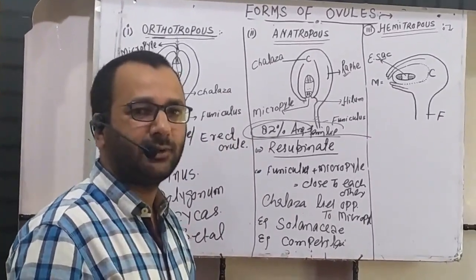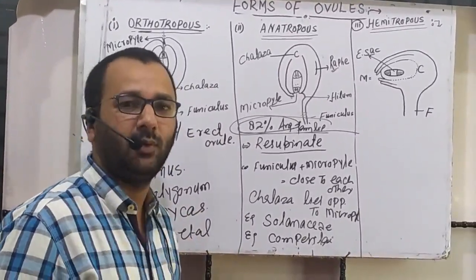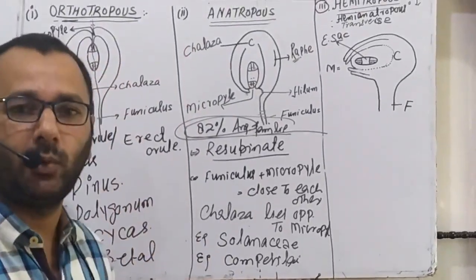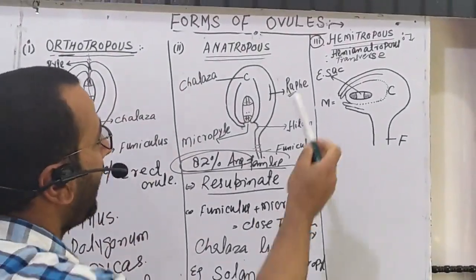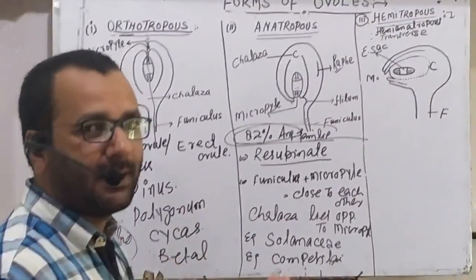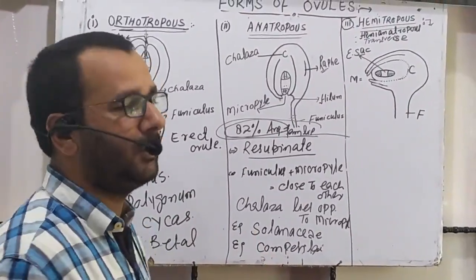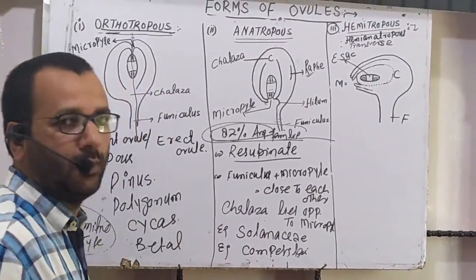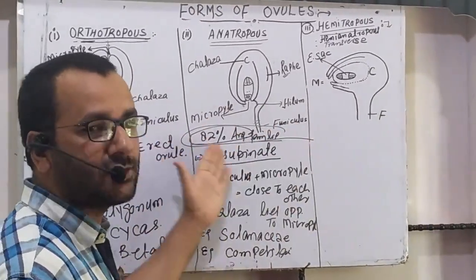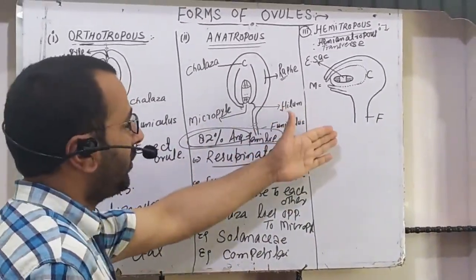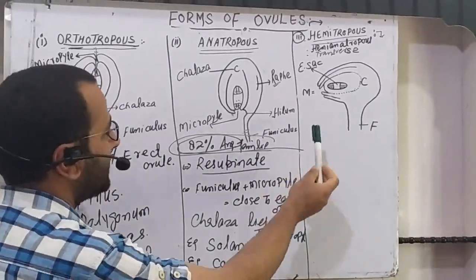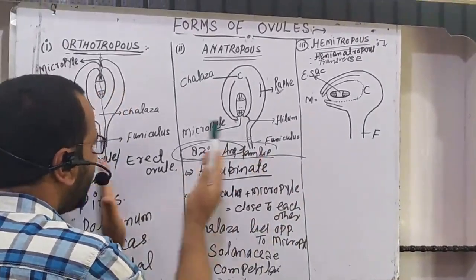Now, coming to the third type of ovule, that is the hemitropous ovule. Its other names are hemianatropous ovule or transverse ovule. This is the third type of ovule after these two types. If you keenly observe this type of ovule, you can see it lies intermediate between the two ovules.